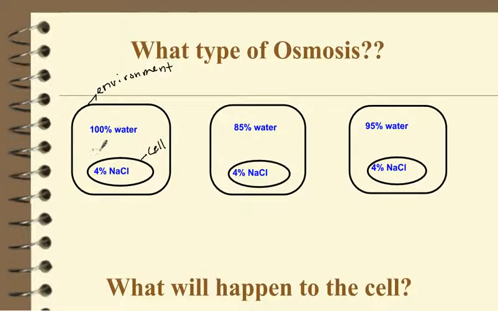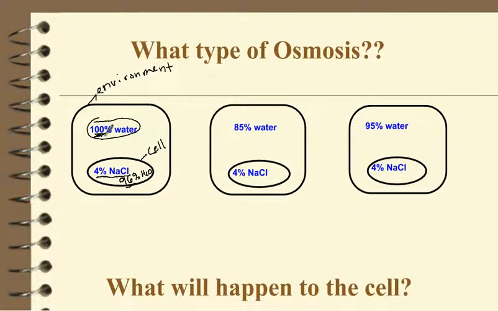Okay, so the environment, we have 100% water. And then on the inside of our cell, it says we have 4% salt. When we're talking about percentages, it always needs to equal 100%. So if there's 4% salt, then that means that there's 96% water. 96% is less than 100%.